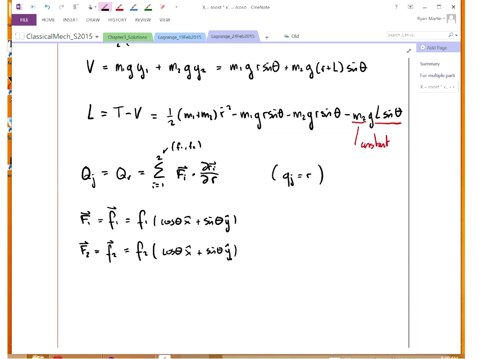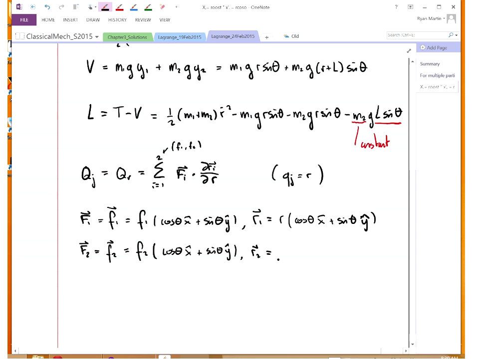Those are going to be dotted with dRi by dr, so we need to know R1 and R2 in vector form. The R1 vector has a magnitude of r, and the direction is cos theta x hat plus sine theta y hat.